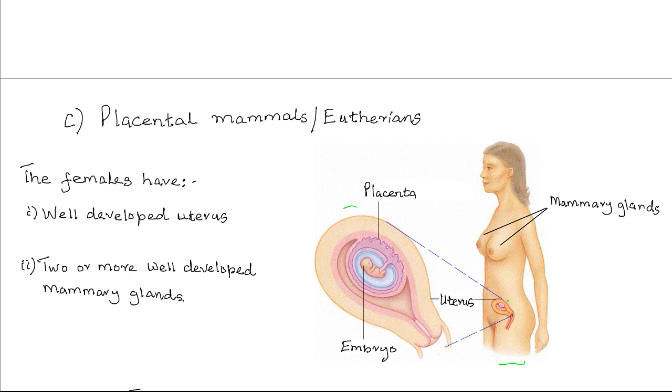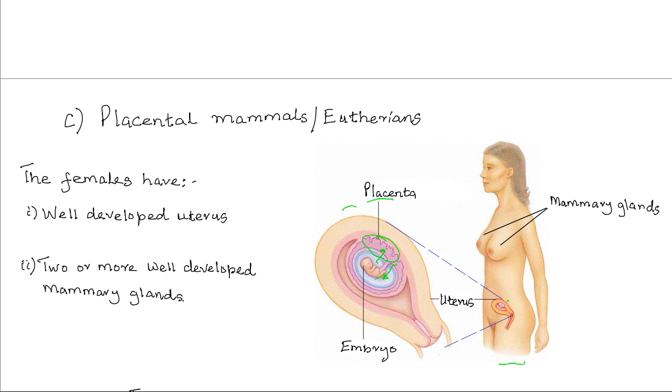And within the walls of the uterus, there's a region known as the placenta, through which nutrients are obtained by the developing embryo and the waste materials are released. So there is a well-developed uterus that develops the placenta.